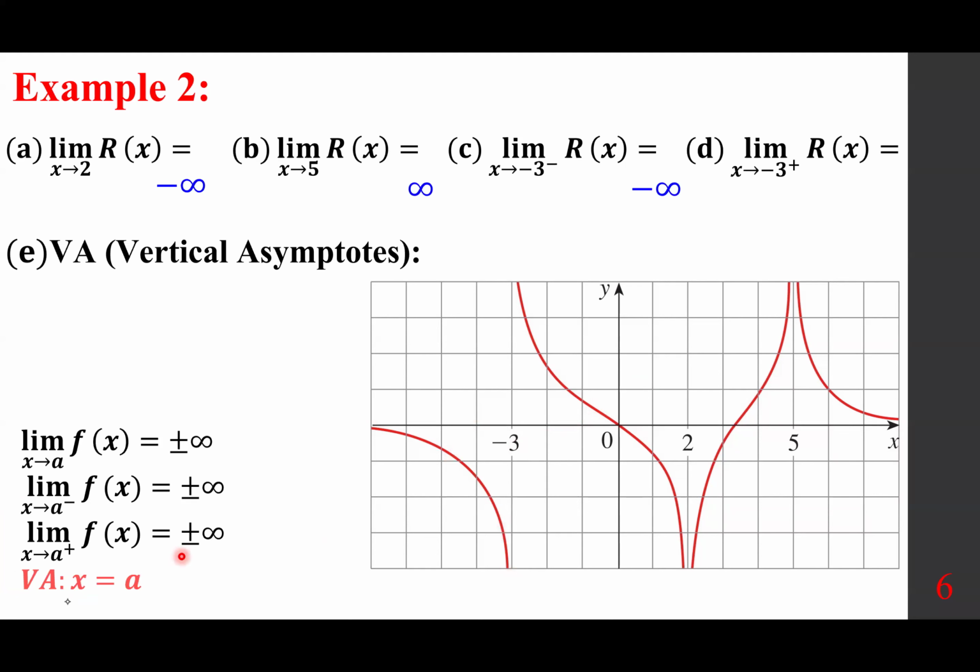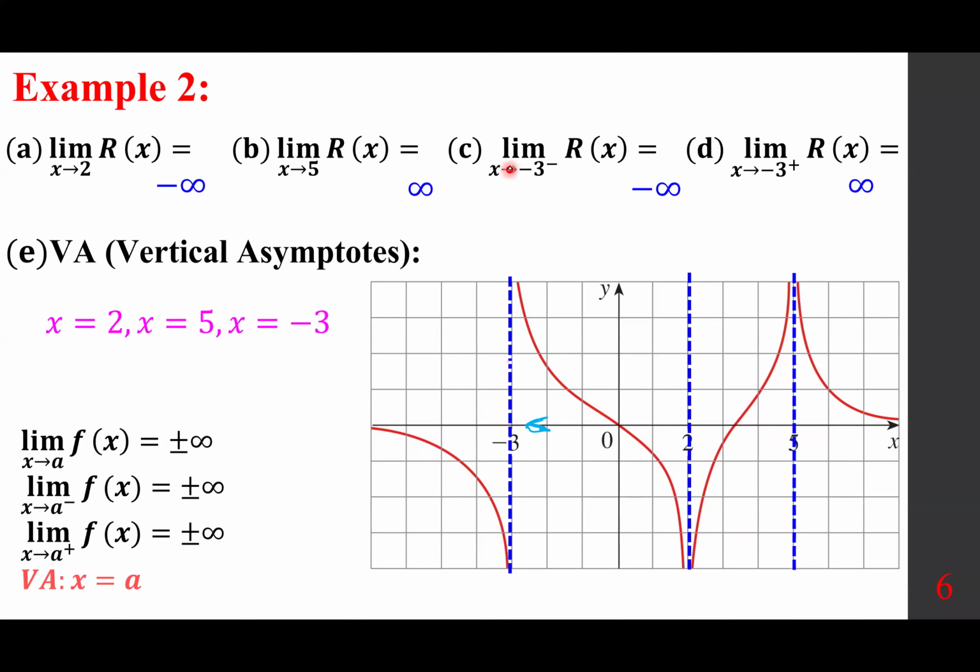But as we come across it from the right side, it's taking us to positive infinity. And of course, those are the VAs: x equals 2, 5, and x equals minus 3, by definition.